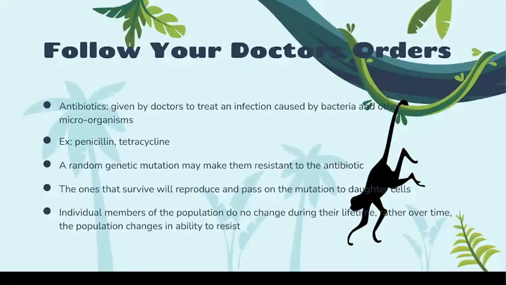So we're going to talk about bacteria, because bacteria are alive, and just like any population or any species, they will evolve too. Antibiotics are a medicine given by our doctors that will treat an infection caused by bacteria and other microorganisms.